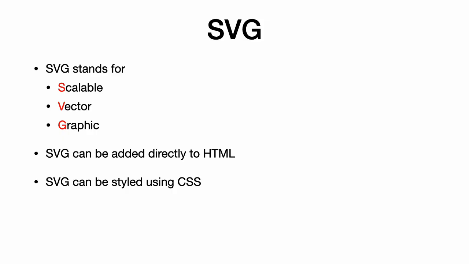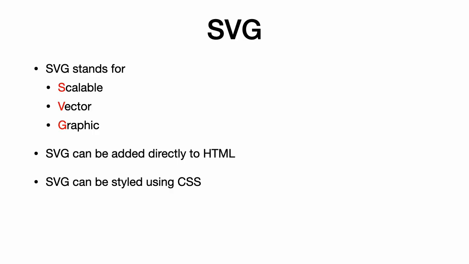Now I'll explain about one type of vector graphic that anyone is free to use, called SVG. What is SVG? SVG stands for Scalable Vector Graphic. What's convenient about SVG is that we can add it directly to any HTML file.